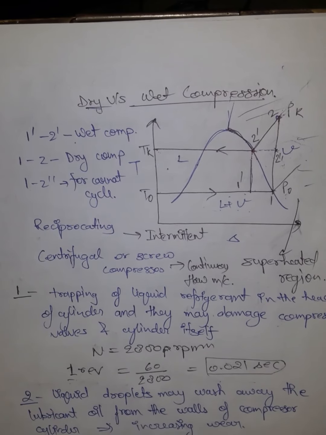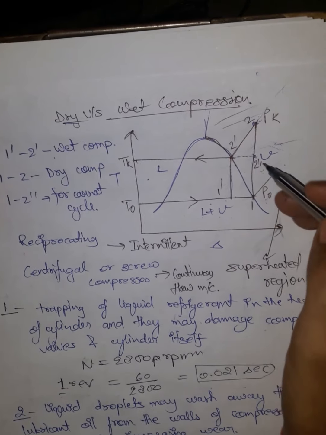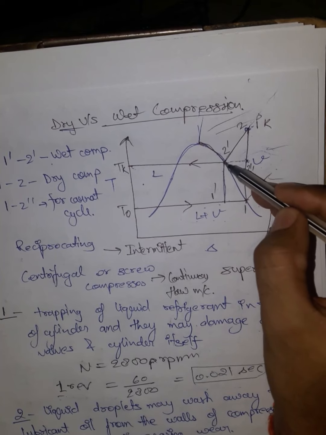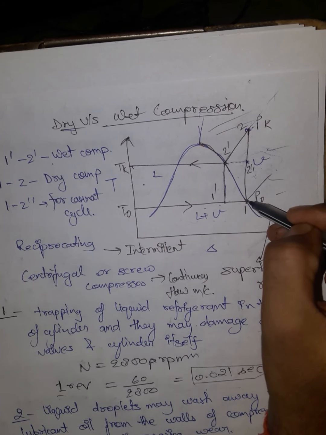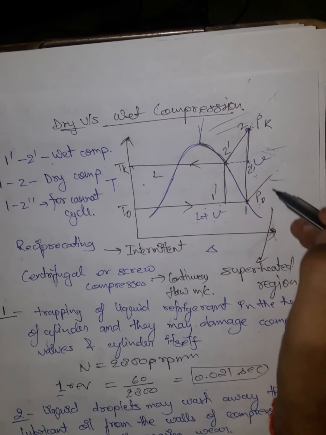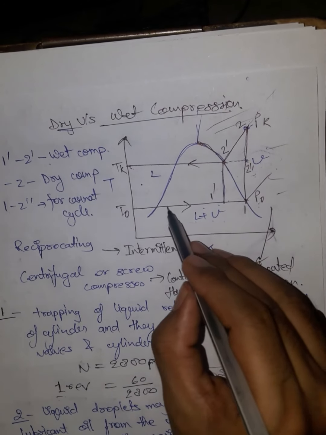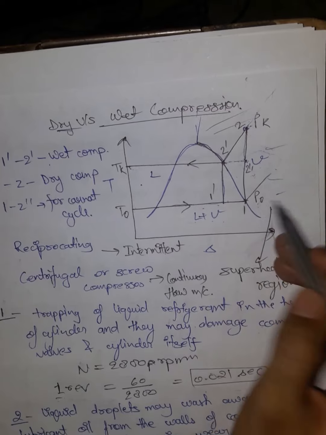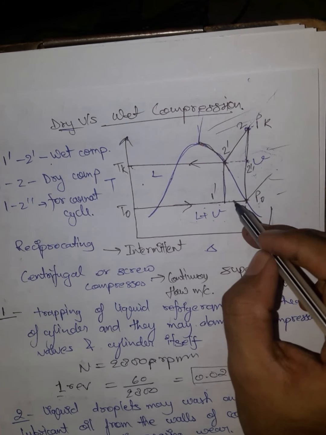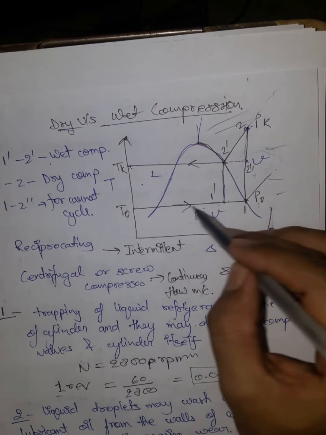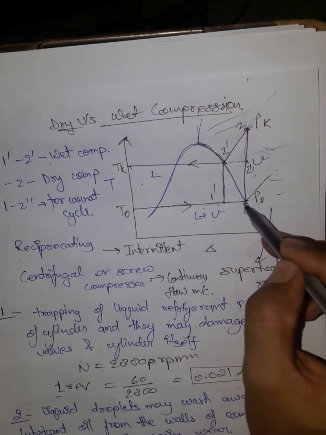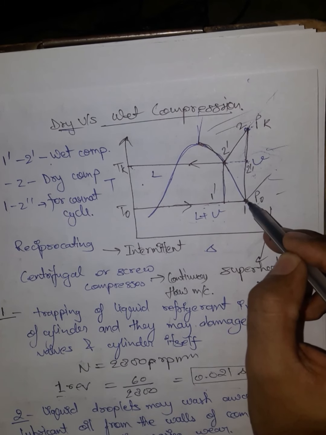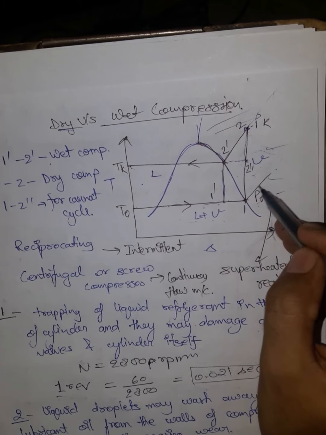Now we have talked about this, that for the VCRC cycle we generally use the compression in the superheated region. Okay, so what we do in the evaporator, we never do the compression in the liquid plus vapor region. So at the low temperature and pressure we generally compress it in the superheated region.